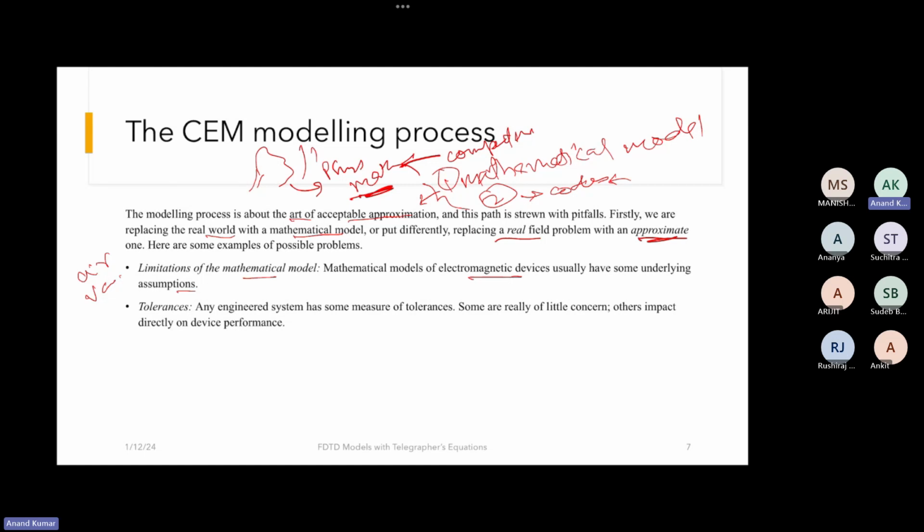We'll consider a particular sort of charge distribution. For example, while we create mesh, we assume that the current density across a particular mesh is constant, or the charge distribution inside one mesh is constant. So these are the approximations that we use while doing the mathematical model.